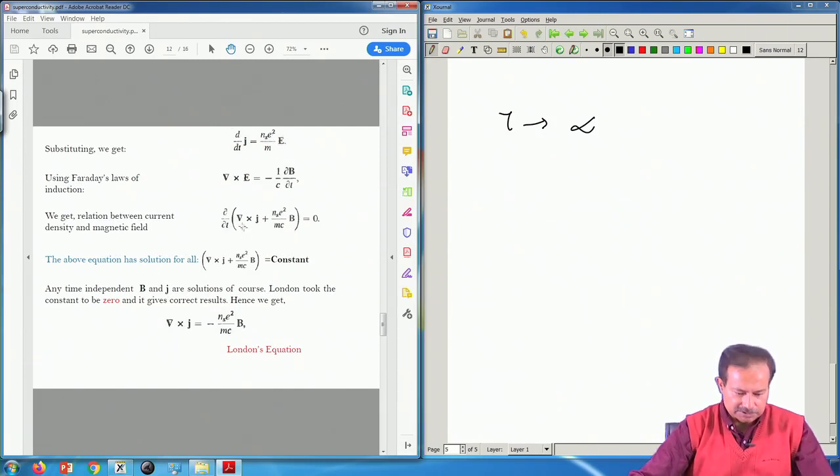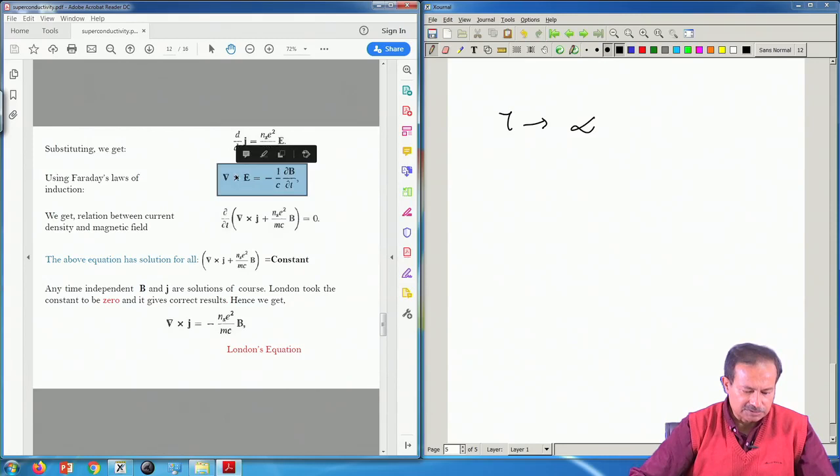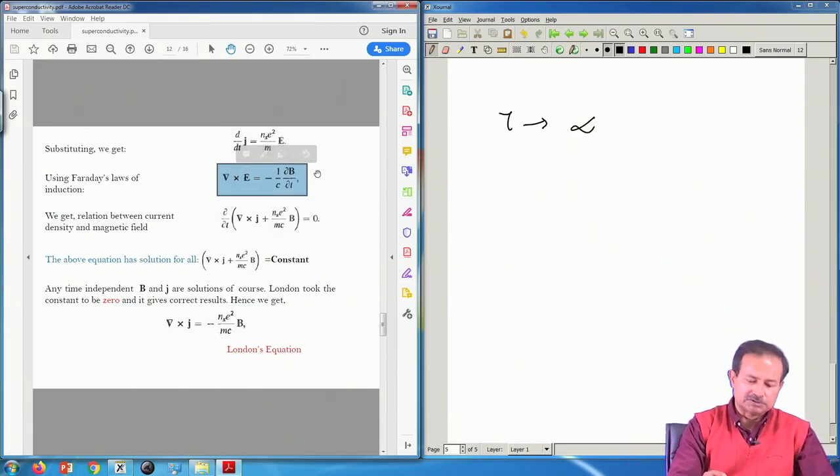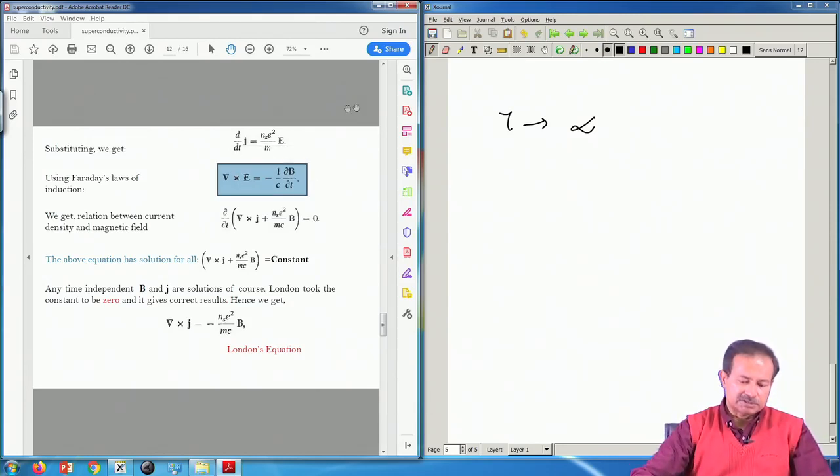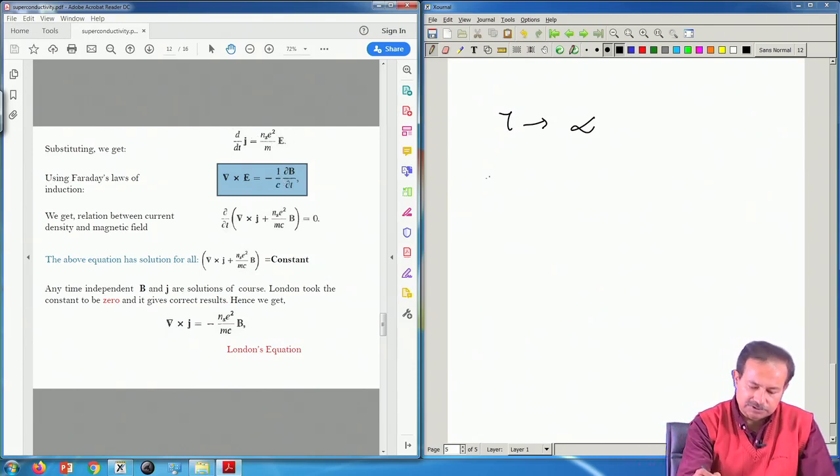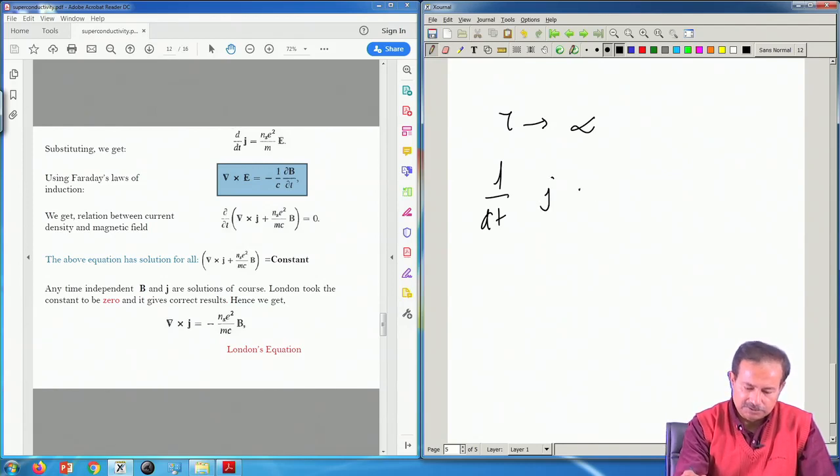So, this is what we have just done. Then one uses Faraday's law, which is this, and combines it with this. So, what one does is take a curl. This equation, for example, d/dt of J equal to n_s e square by m into E, you take a curl on both sides.